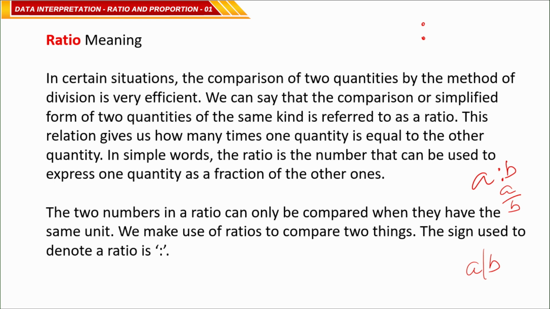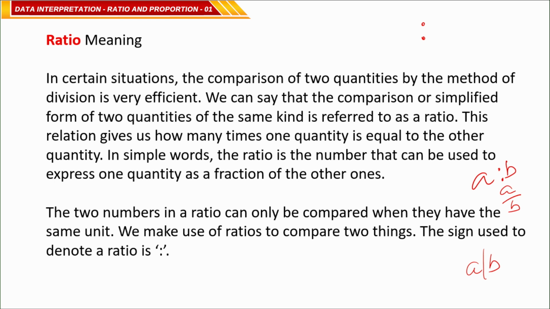This relation gives us how many times one quantity is equal to another quantity. When you compare meter and kilometer, for 1 kilometer there are 1000 meters, so 1:1000. Paise and rupee, 1:100, correct.